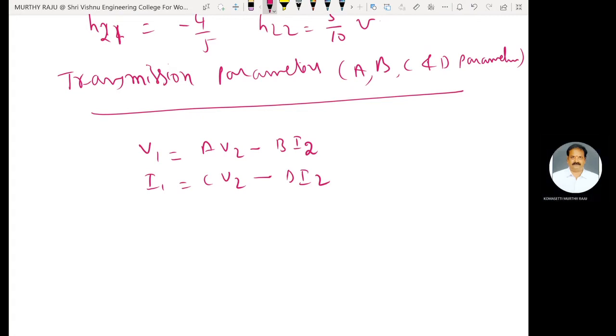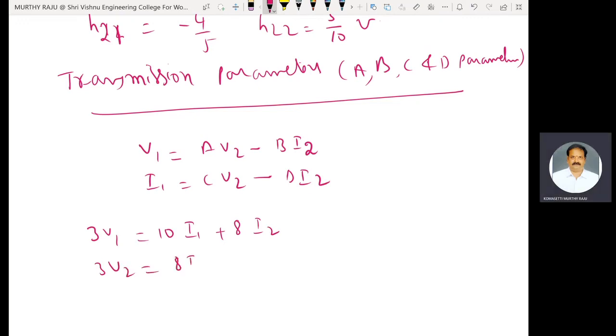Consider Z parameters. 3V1 is equal to 10 I1 plus 8 I2, and 3V2 is equal to 8 I1 plus 10 I2.